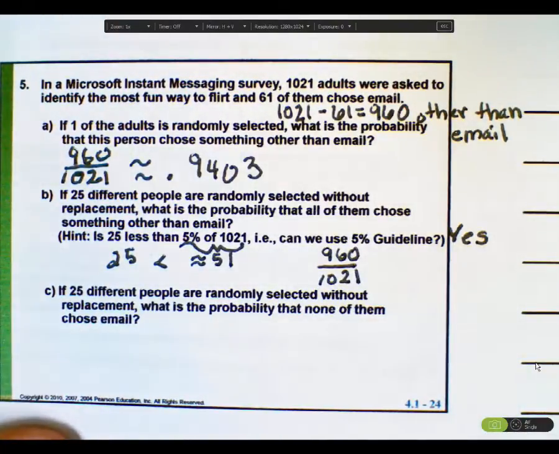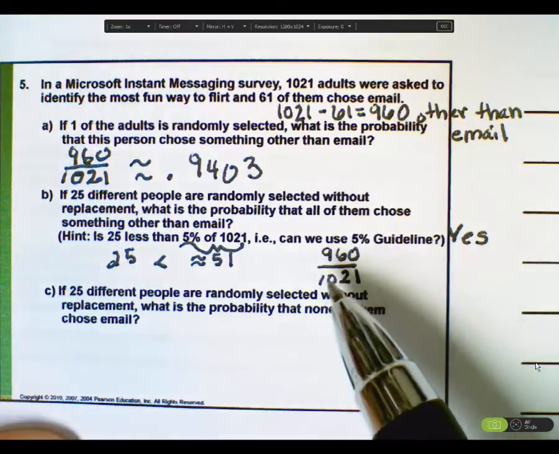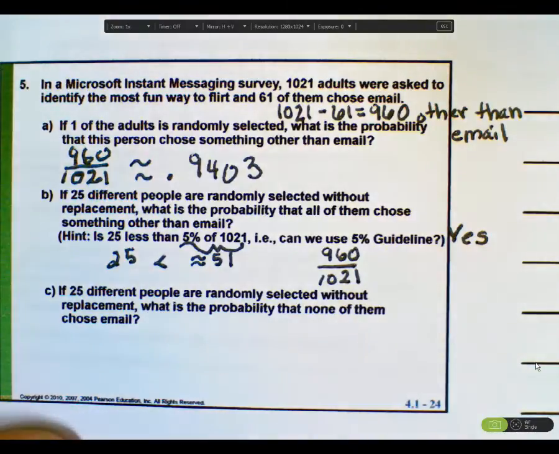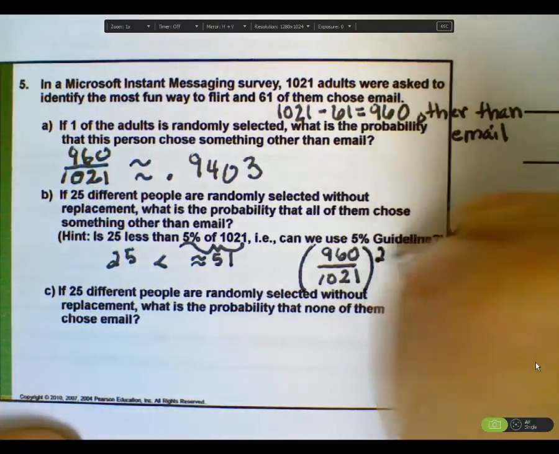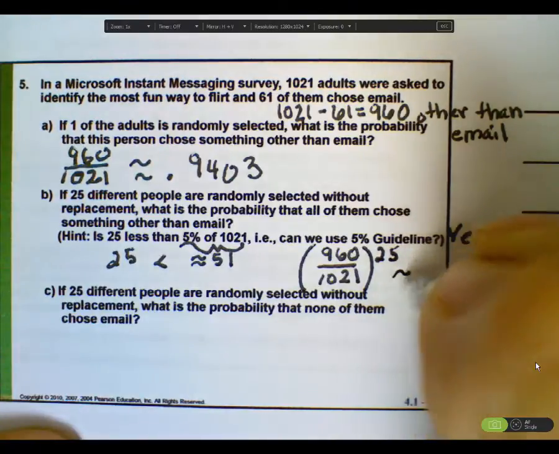If we're using the 5% guideline, we can assume that all 25 people have that same probability. So multiply 960 over 1,021 by itself 25 times, or just raise that fraction to the 25th power.